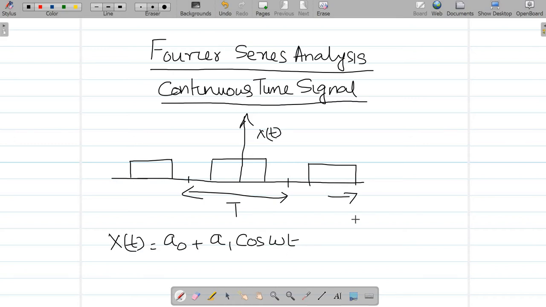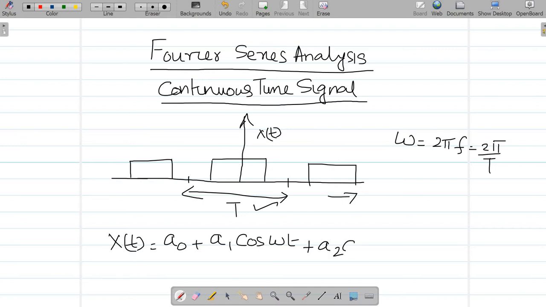Now this omega is nothing but 2 pi f, and that f is nothing but 1 by T, where T is the time period of this signal. So x of t can be thought of as a DC component plus cosinusoidal components.